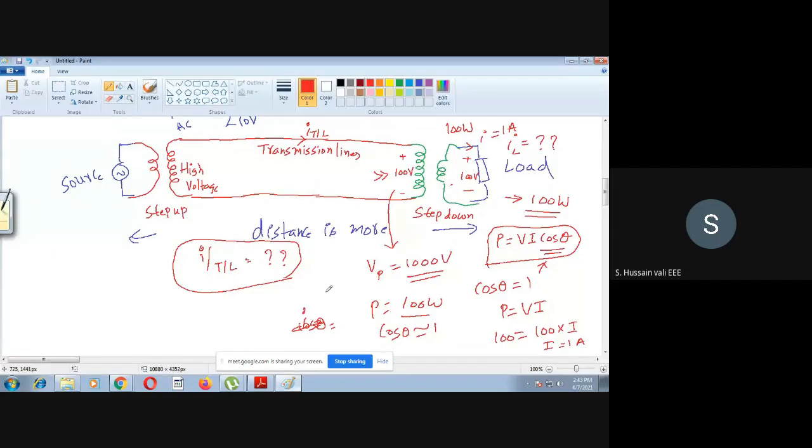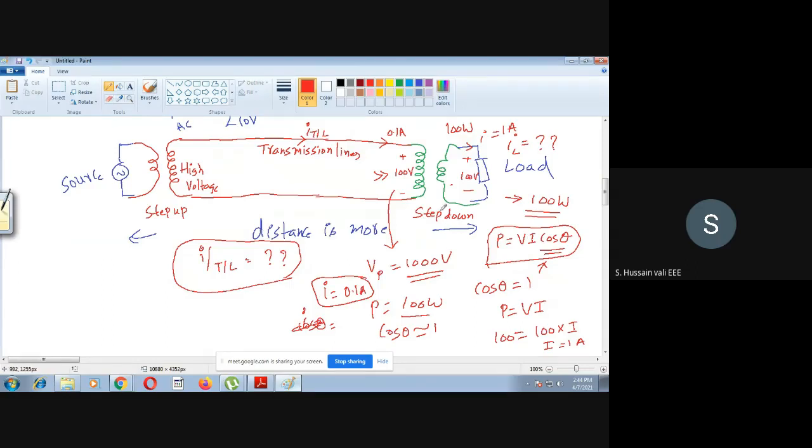P is equal to 100 watt, V is equal to 1000 volt, cos theta is equal to 1. Then you will get I is equal to 0.1 ampere. You see now, it's very important. The current flowing here is 0.1 ampere only. Whereas the secondary side current is how much?